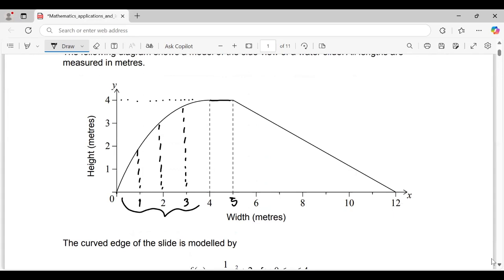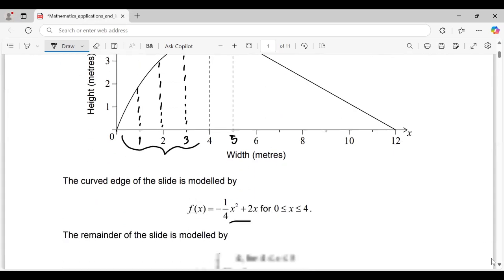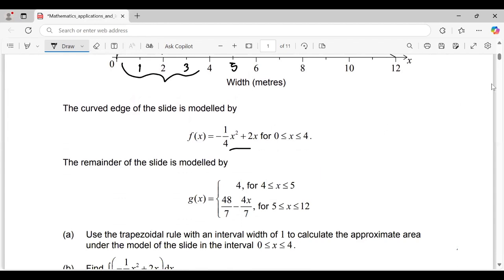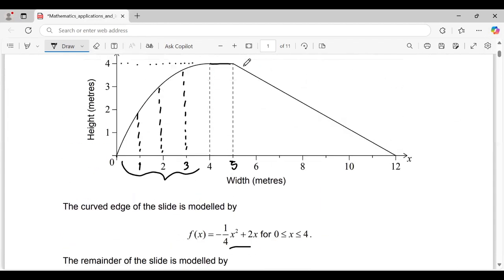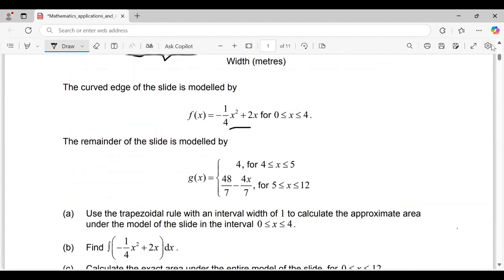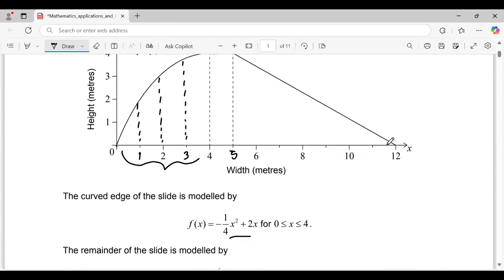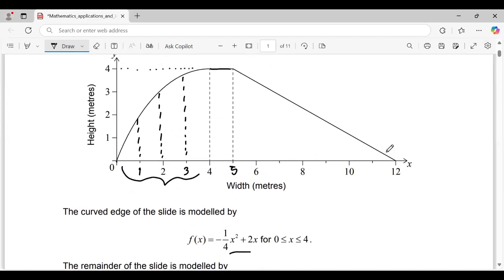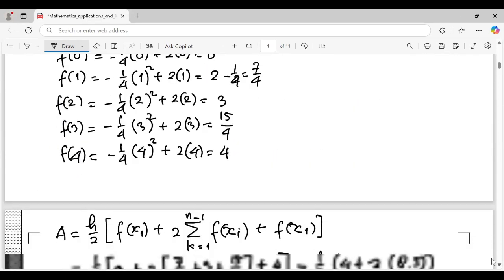And then g(x) equals 4 for 4 to 5. And after that, for the straight line, according to this information, g(x) equals 48 over 7 minus 4x over 7, for 5 to 12.